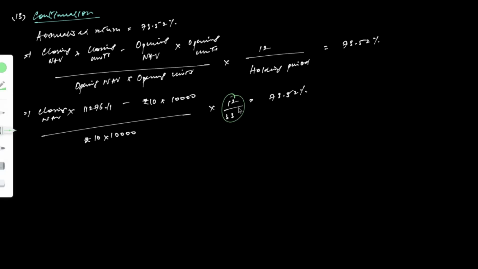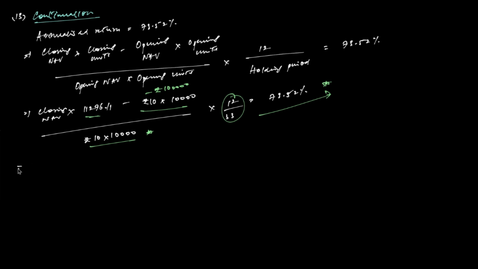Now this will go here, also this will go here, right? And this is rupees 1 lakh, and since there is a negative sign, it's minus 1 lakh, and after that this will come down.